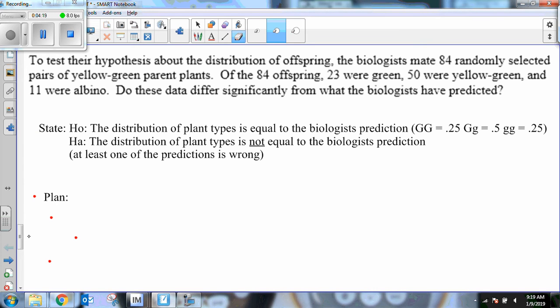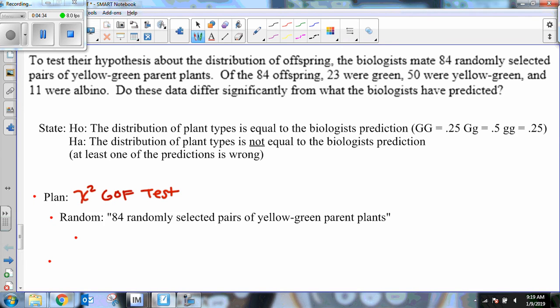Okay, so our plan step, we of course have to name it. We're using a chi-square goodness of fit test. We are testing all of the categories, not just one. All right, and we have to start with our random condition. 84 randomly selected pairs of yellow-green parent plants. I took that right from here.